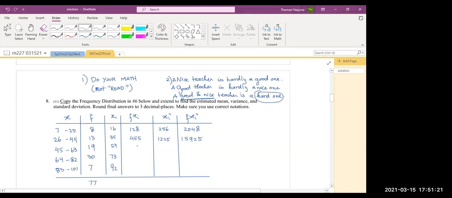Okay, this is 54 times 19. That's 1026. 54 squared, 2916 times 19, 55,404. 30 times 73, 2,190. 73 squared, 5,329 times 30.